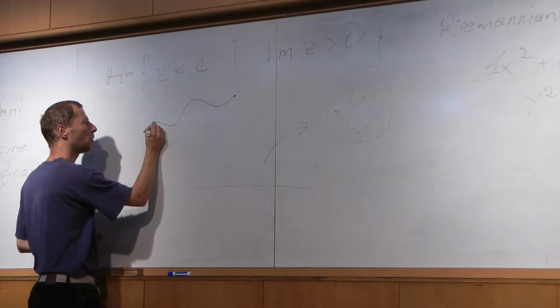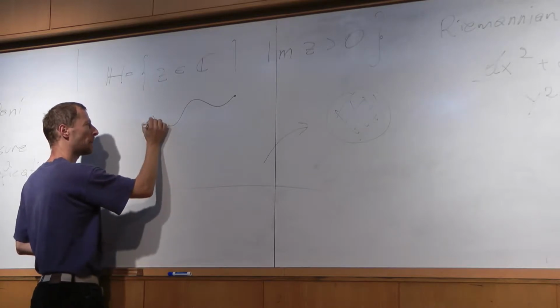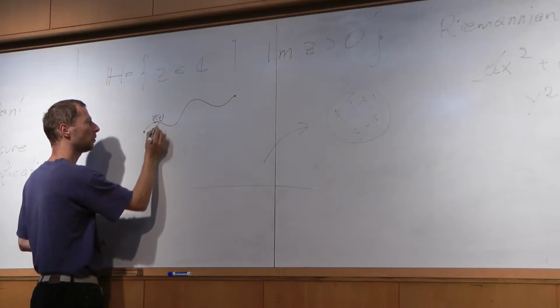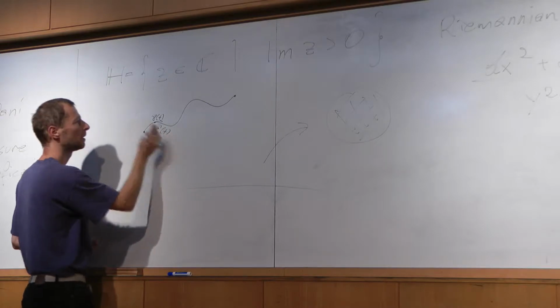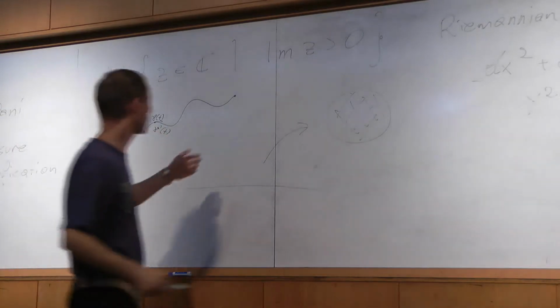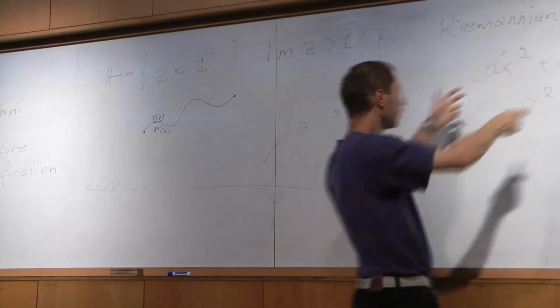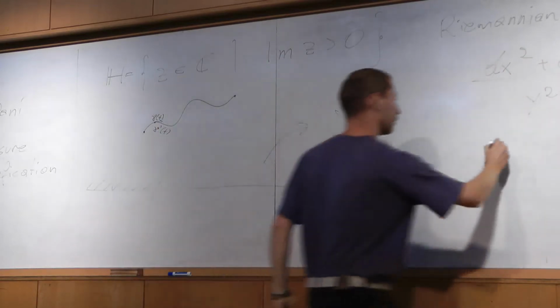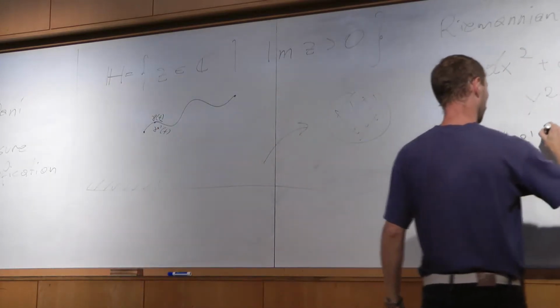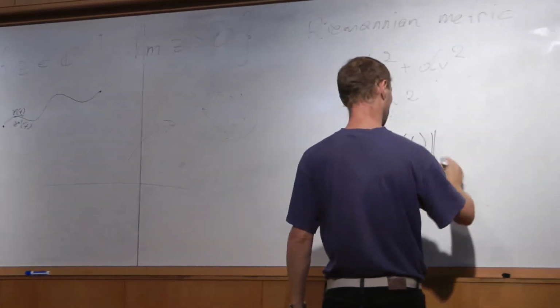So I look at every point at gamma of t, I look at the derivative, gamma prime of t, which points in some direction. I use this formula to calculate what the length of gamma prime of t is.